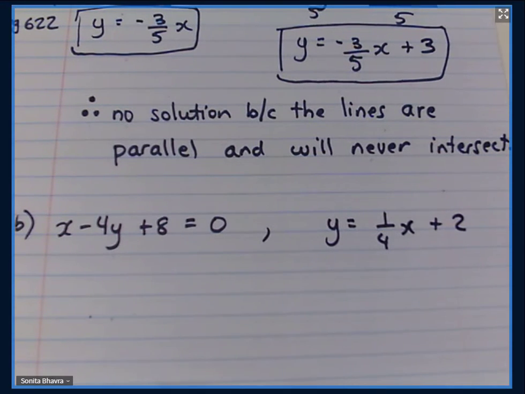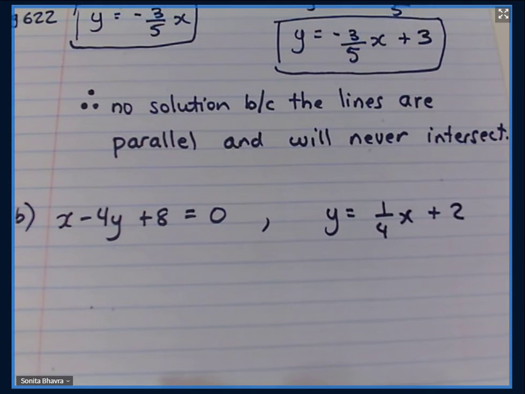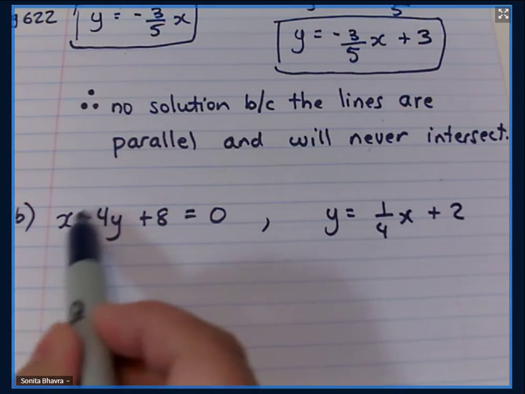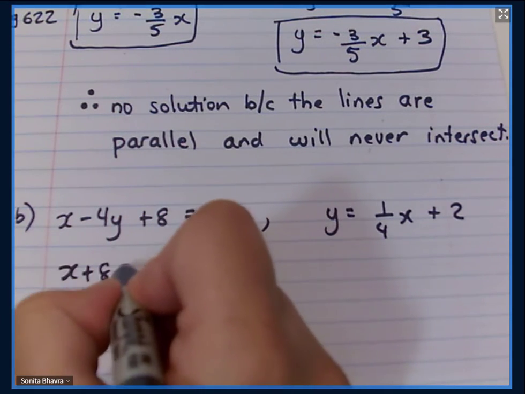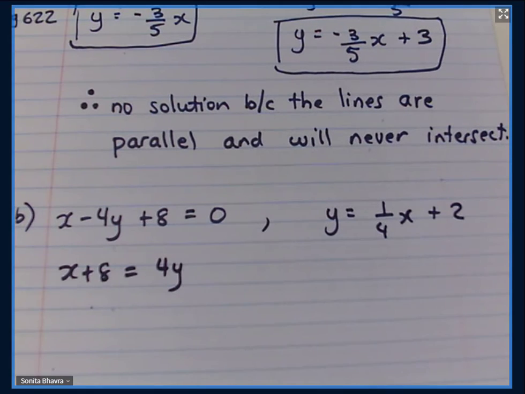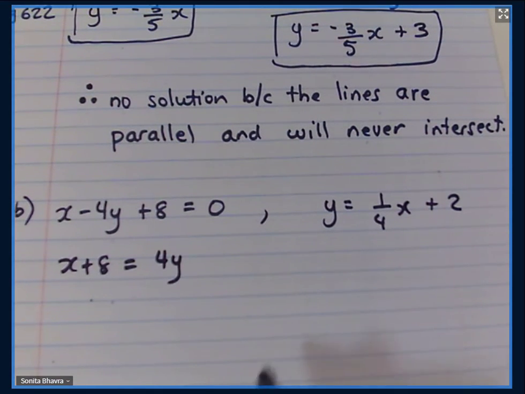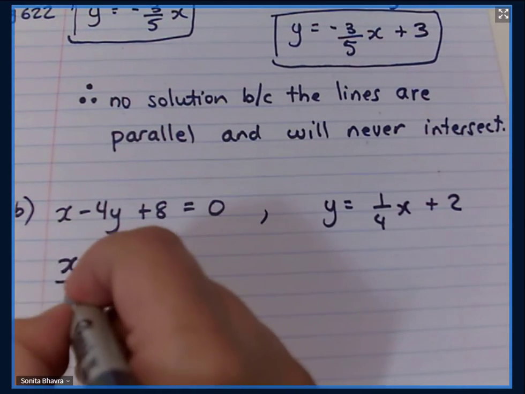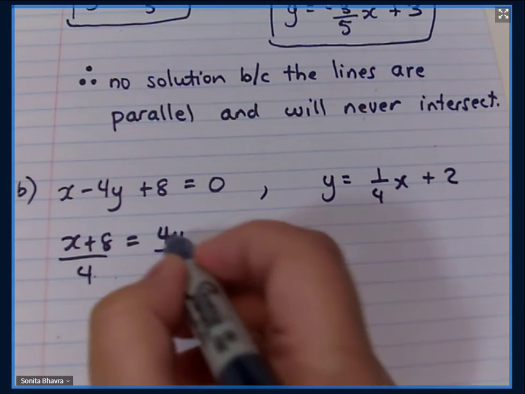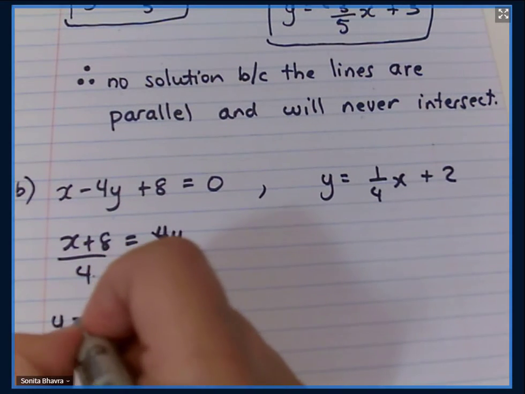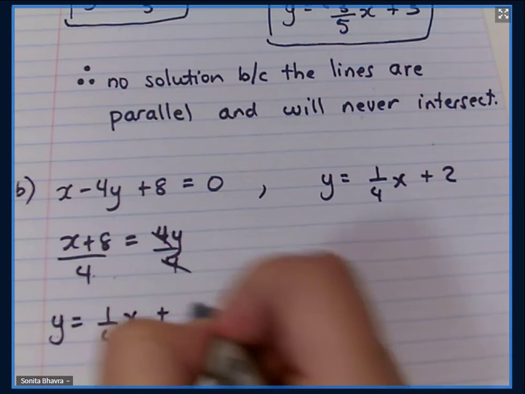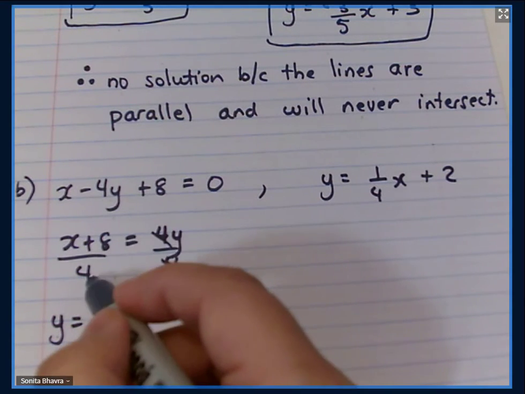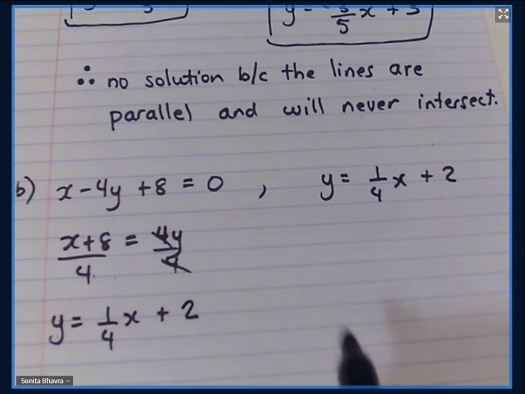This line, let's change it to slope-intercept form. So what I'm going to do is add the 4y to both sides. So x plus 8 equals 4y. And then I'm going to divide by 4 on both sides. And that leaves me with y equals 1 over 4x plus 8 divided by 4, which is 2.